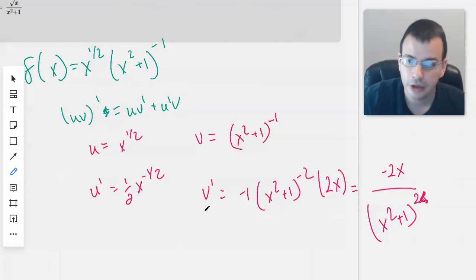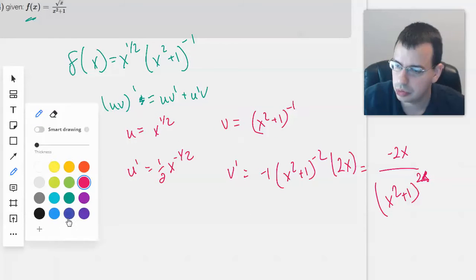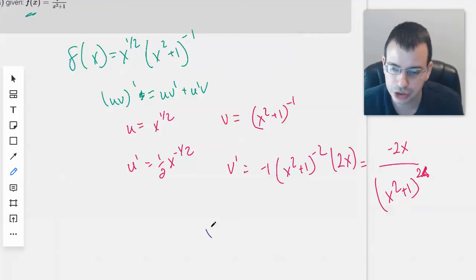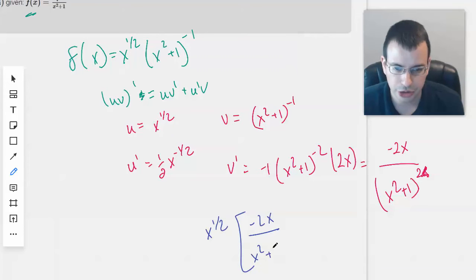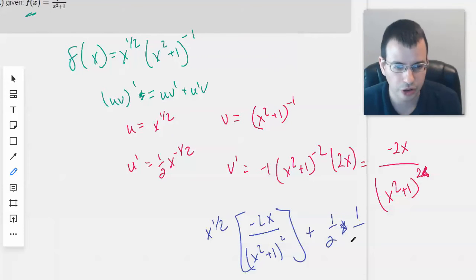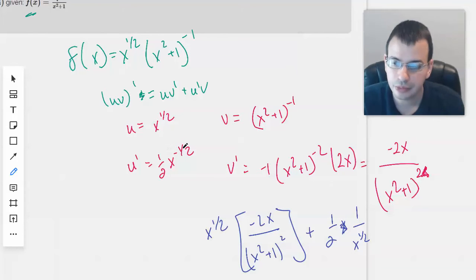Okay. So now we put it all together. We have u, which is x to the 1/2, times v prime, which is negative 2x, all over x squared plus 1 squared, plus u prime, which is 1 over 2 x to the 1/2, times v, which will be 1 over x squared plus 1.